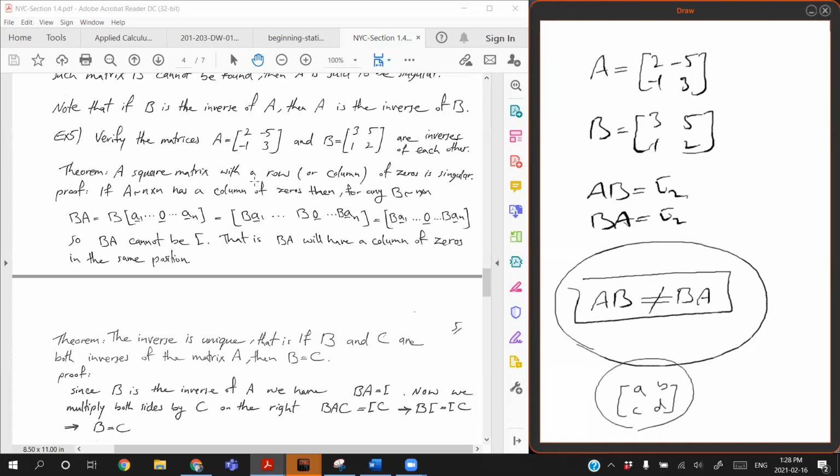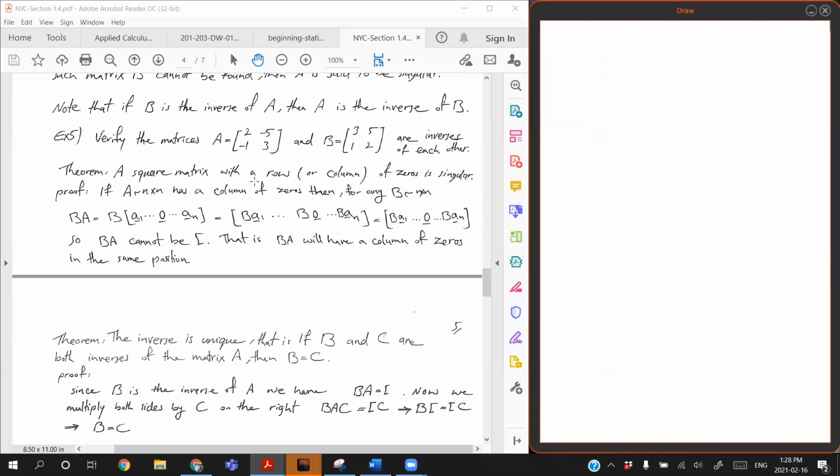So something else that I want you to do is I'm going to give you a matrix and I want you to find the inverse using whatever we learned about solving a linear system. So I give you a hint and then I will ask you to find the inverse of the matrix. So let's say we have 2, 4, 1, 7, something like that.